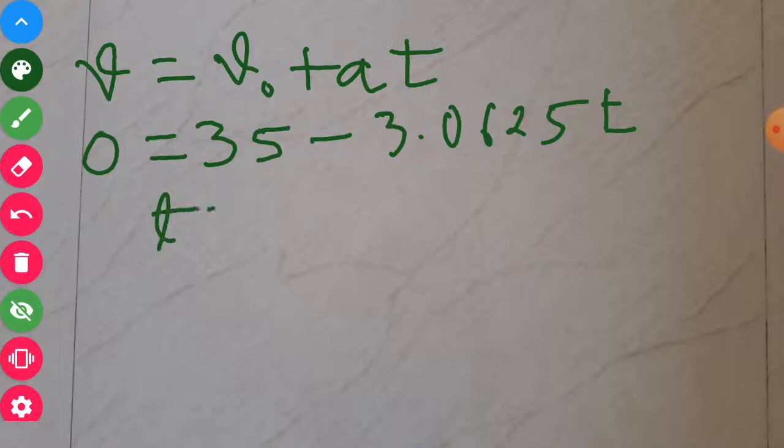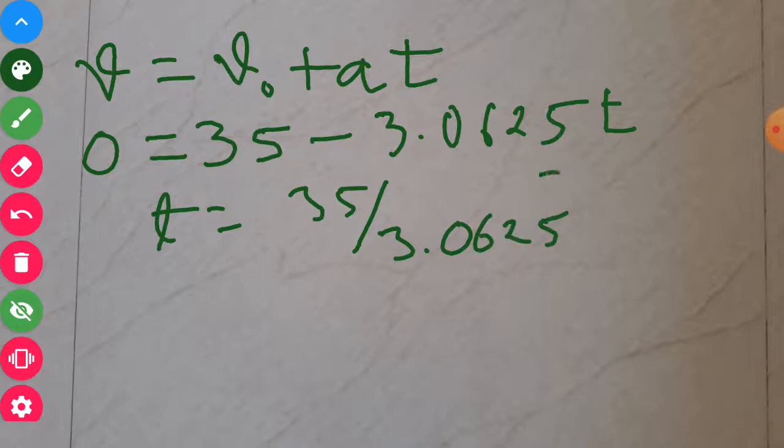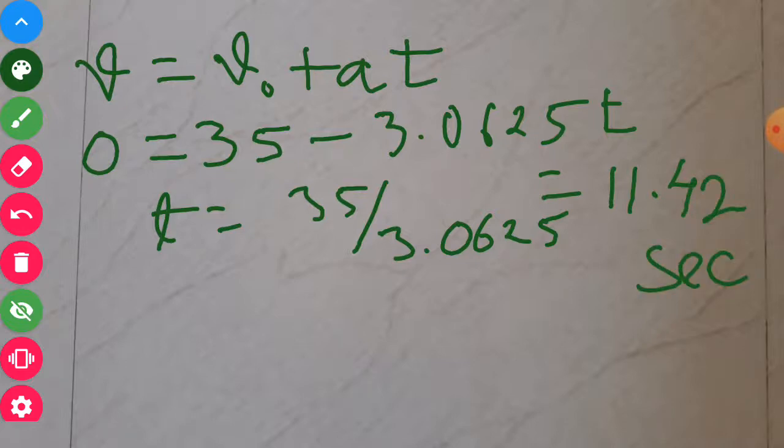So time we will get is 35 divided by 3.0625, and roundabout you will get 11.42 seconds. Very easy.